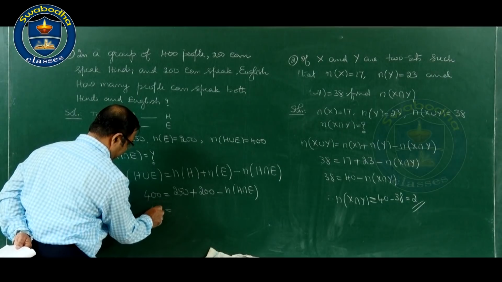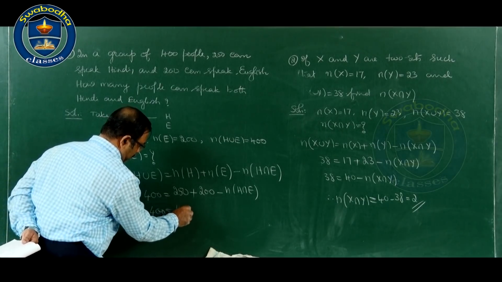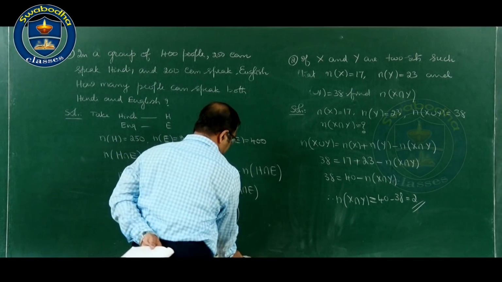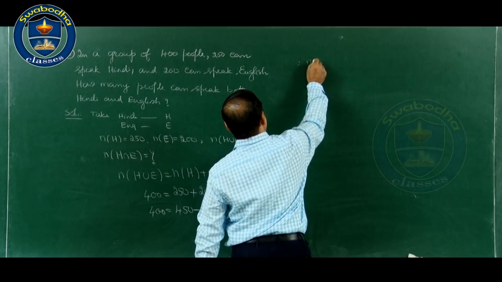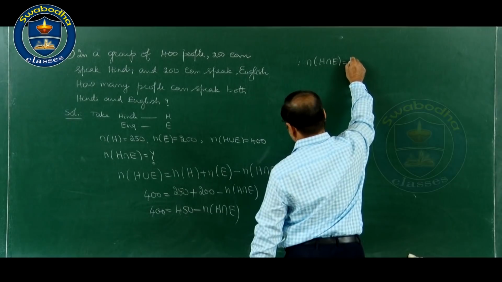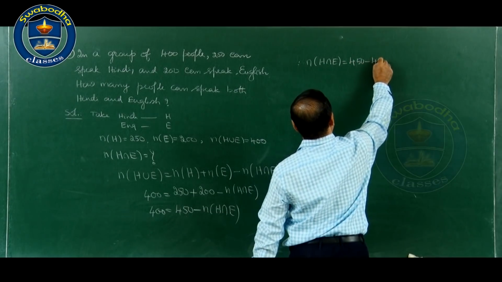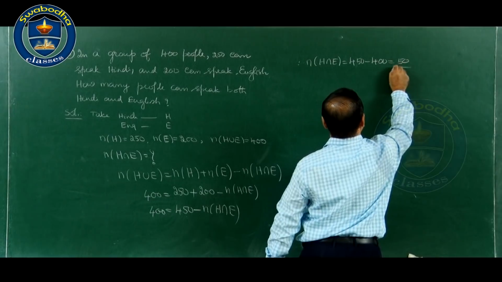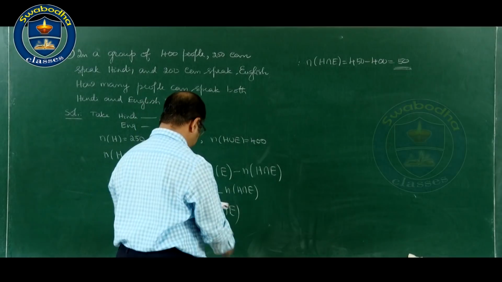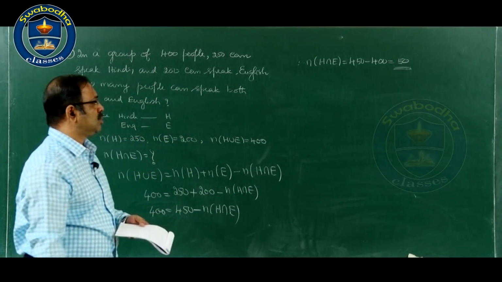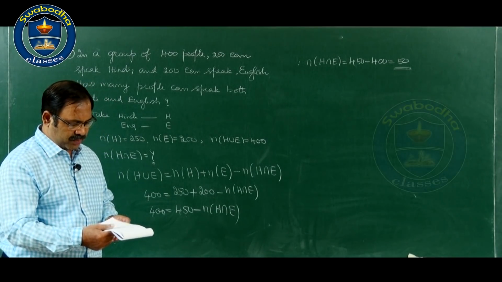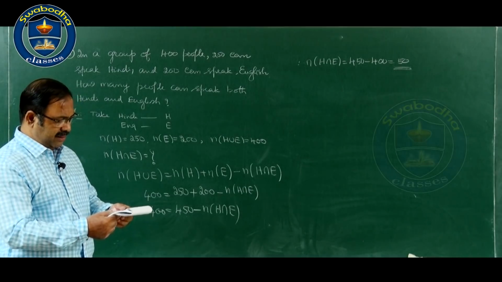That is 400 equals 450 minus N of H intersection E. Therefore, N of H intersection E is equal to 450 minus 400, which is 50. Therefore, 50 people can speak both Hindi and English.